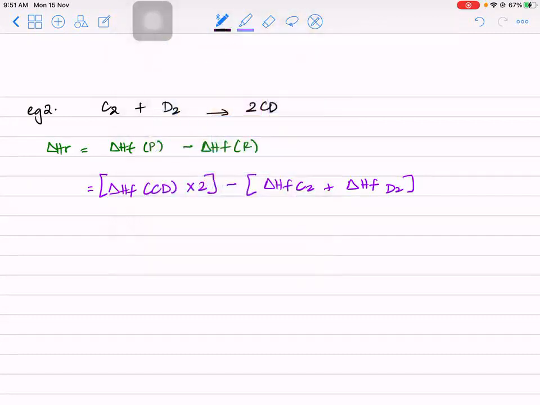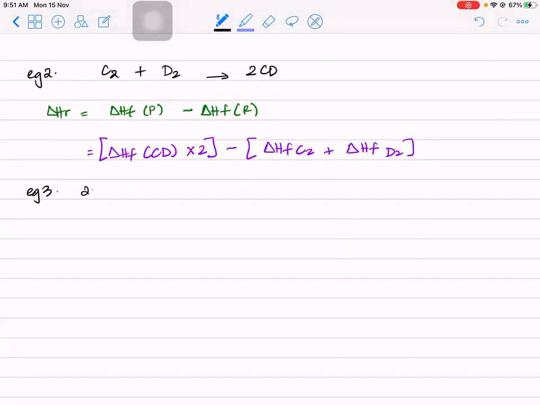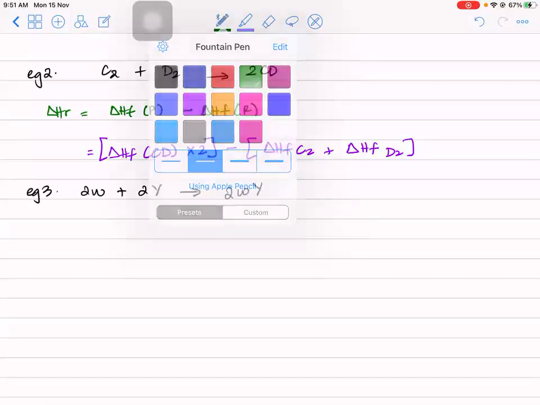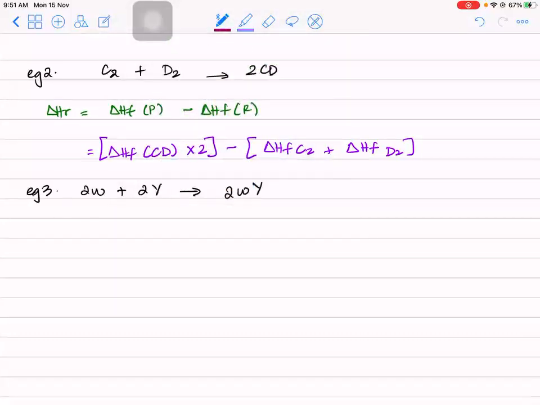Let's take another example. If you have 2W plus 2Y giving 2WY. So what will be your delta H using formation? So can I say, in this case, delta H of reaction would be formation of what?